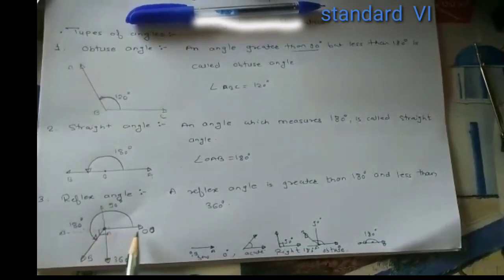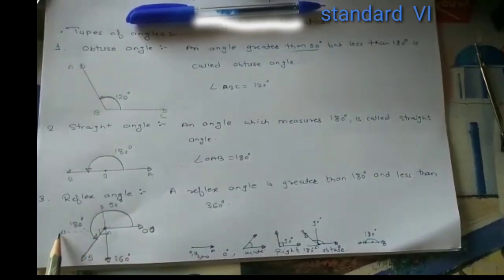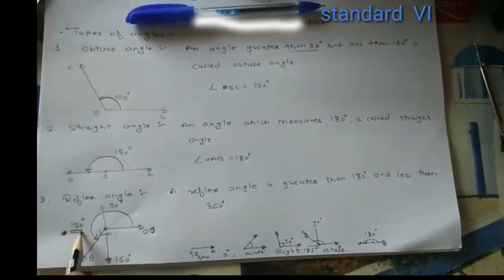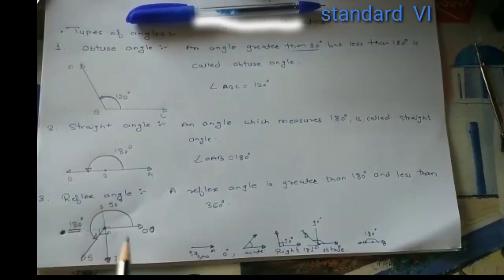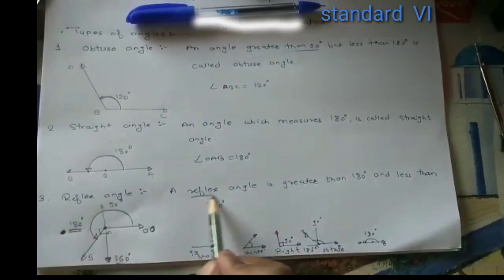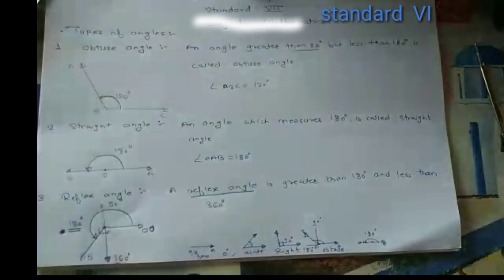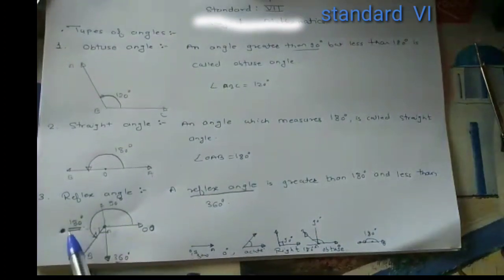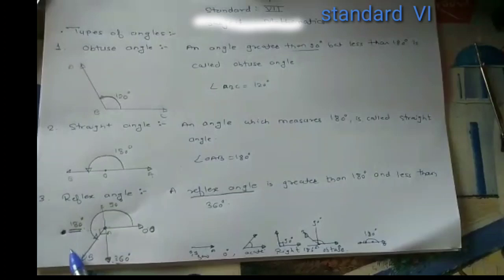But now we have to measure OAB from this side, so it lies between this point and this point, that is, 180 degrees and 360 degrees. So that angle is called a reflex angle.